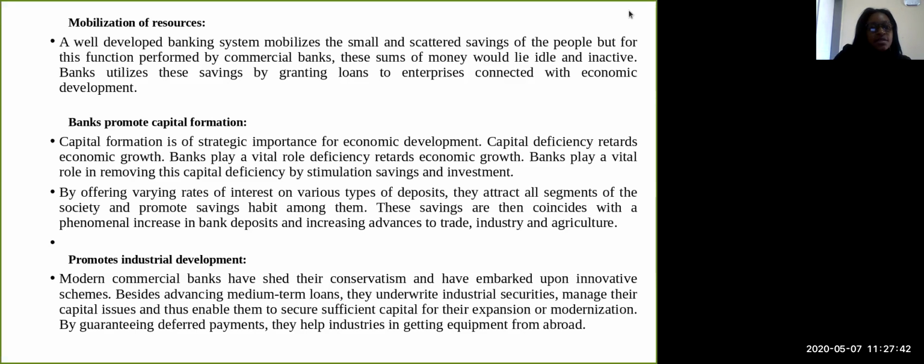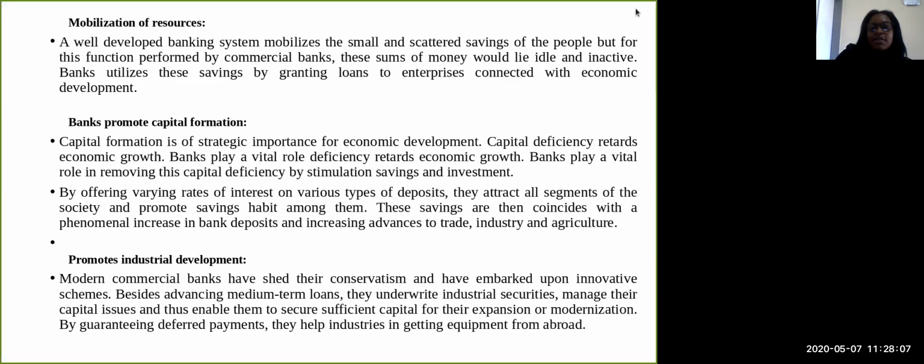The next is promotes industrial development. Modern commercial banks have shed their conservatism and have embarked upon innovative schemes.